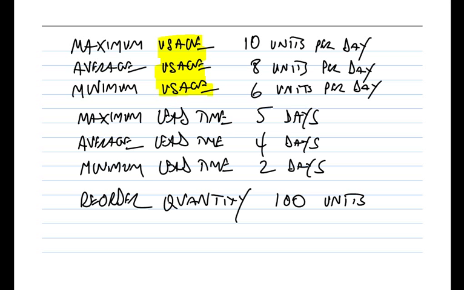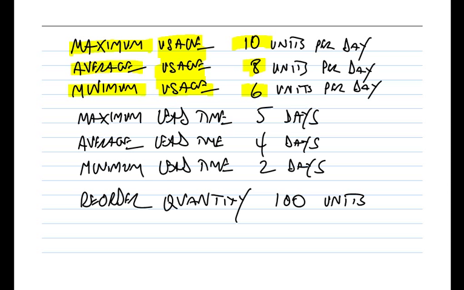You can see I've given 3 usage levels. The maximum, so at most, we would use 10 units per day. Perhaps that's if demand is particularly high. However, on average, we would only use 8 units per day. And if things are very slow and not many customers are coming in, the minimum usage might only be 6 units per day. So we've got 3 different possible usage levels.